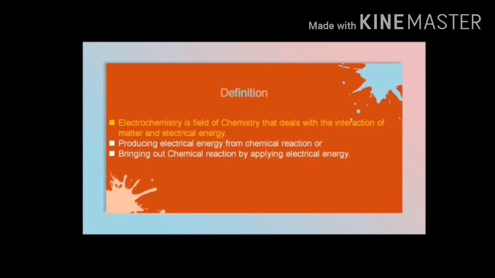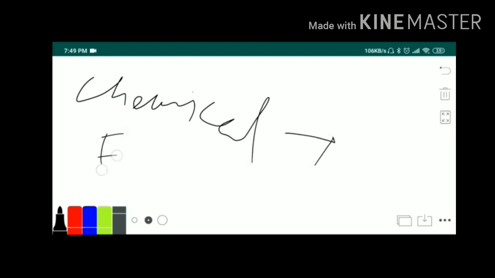Okay, so what happens here? Chemical energy gives electricity, or with the help of electricity we carry out a chemical reaction.